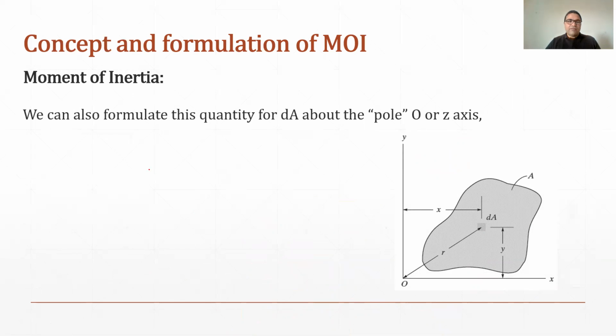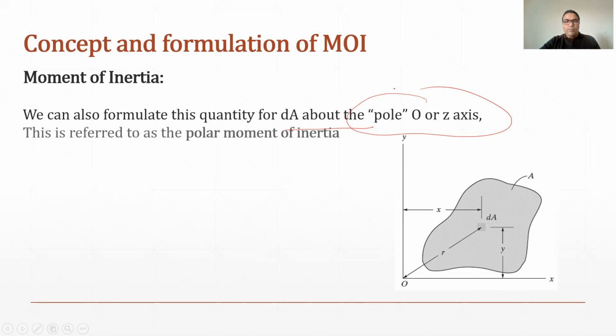As I said, we can also formulate this quantity for dA about the z-axis, which we sometimes call the polar axis. The moment of inertia about the polar axis can be calculated as the integral of r square into dA. For the z-axis, the perpendicular distance of this dA is r.